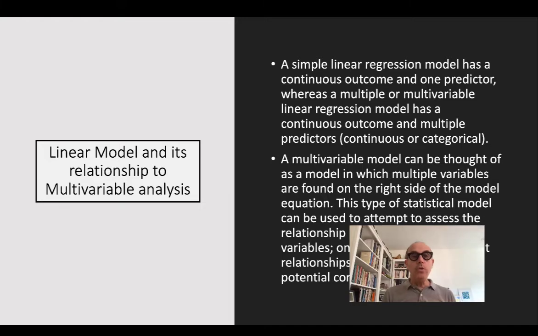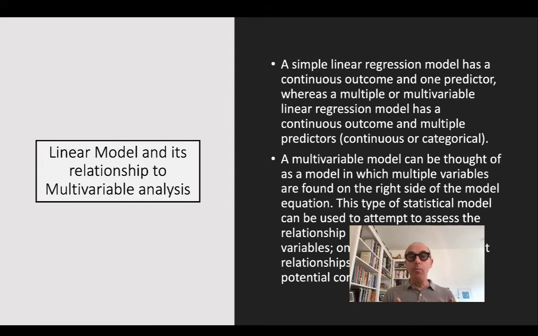We're going to use the linear model and its relationship to multivariable analysis. Simple linear regression, if you remember my statistics class, has a continuous outcome and one predictor, whereas multivariable linear regression has a continuous outcome and multiple predictors, including categorical variables.